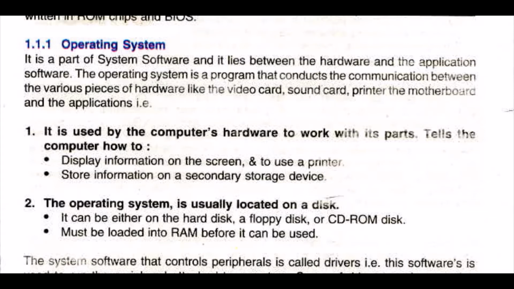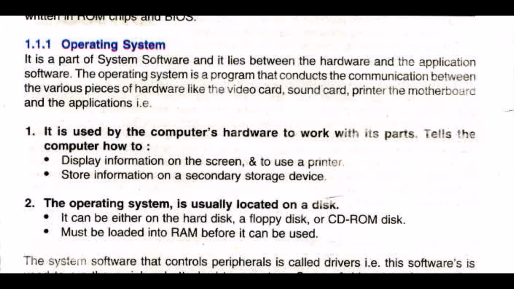Now you're using the computer, right? Suppose you're playing a video and there is no sound coming. It is possible that your system software is not configured with the sound setting. This is where the instructions come in. Those instructions provide control of specific hardware, like displaying information on the screen, to the printer, to store other types of information on storage devices.